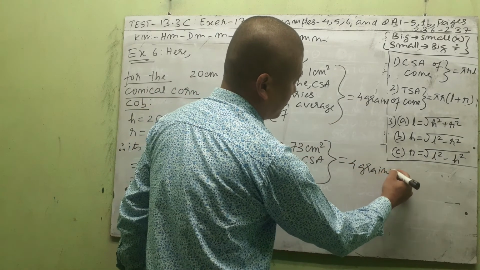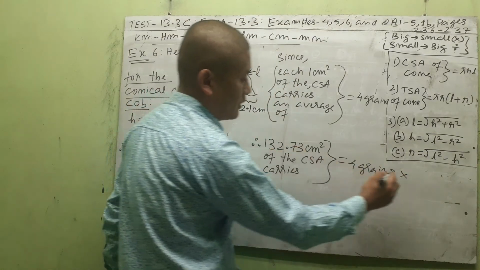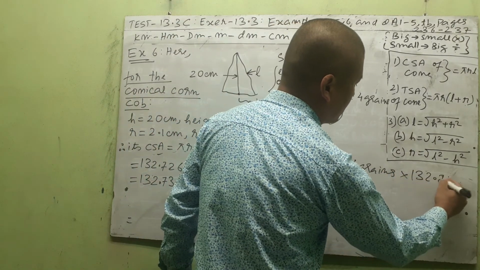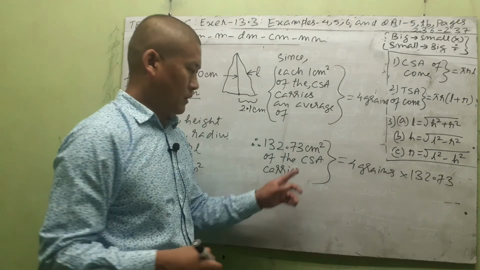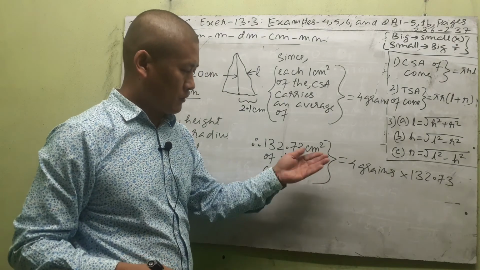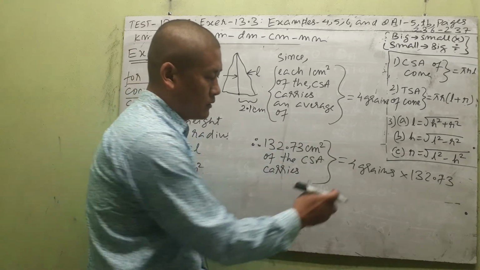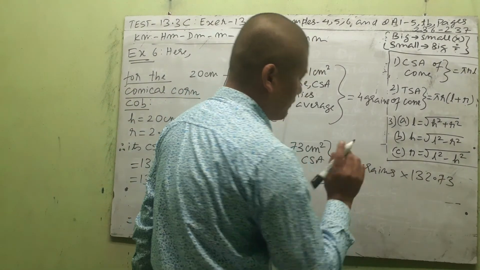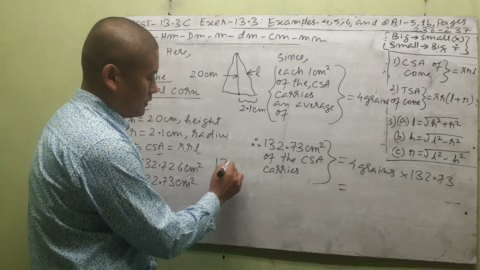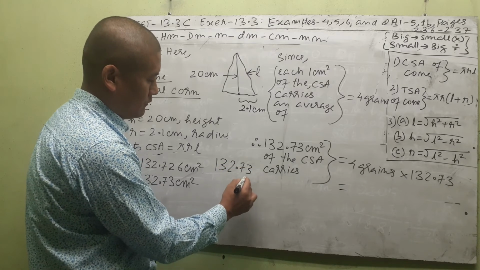You can write the same, multiply to whatever is here, 132.73. But we shouldn't bring this centimeter square, because whatever you need is on the left cannot be brought on the right. So our answer is to multiply these two, and we'll get a number of grains. So 132.73 multiplied by 4 grains.